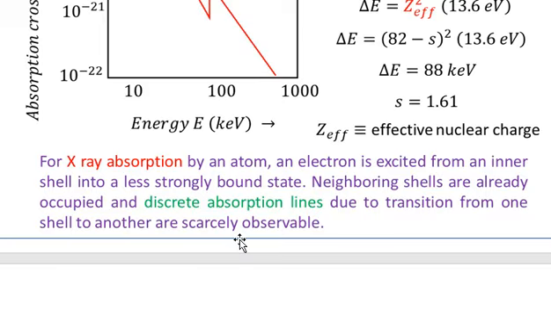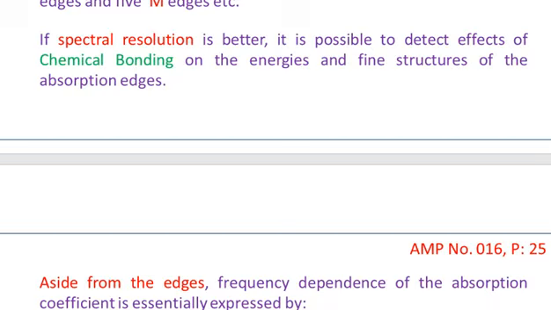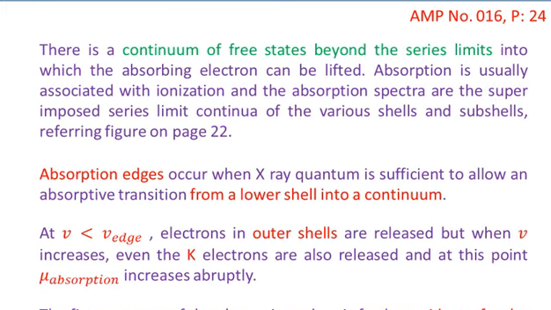So here we cannot observe the discrete absorption lines, and the reason I have given. There is a continuum of free states beyond the series limit.